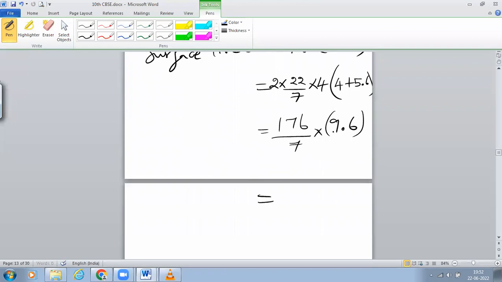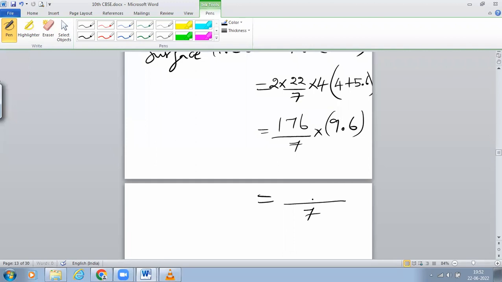So what is 176 into 9.6? Find the answer. Multiplying these two numbers, 176 into 9.6. Please do it in the rough column. Then divide by 7.